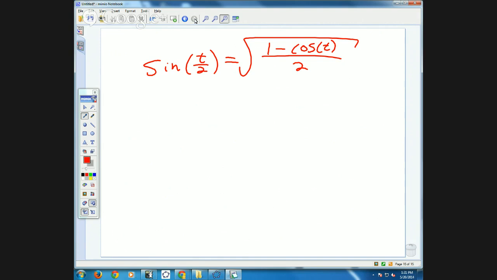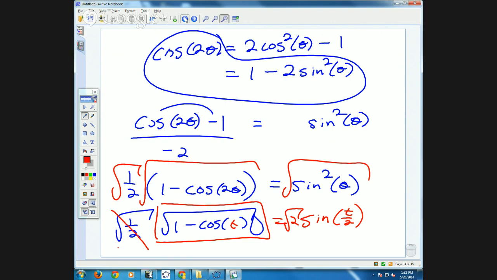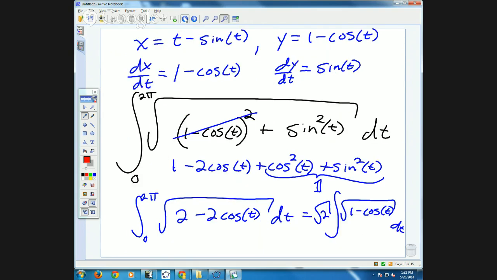They pulled the root 2 out, put it on the other side of the integral. You need to go back to another page. Okay, I got this one right here, where we left off. Yeah, but then you need that 1 over square root of 2 that you added for the cosine for that half.